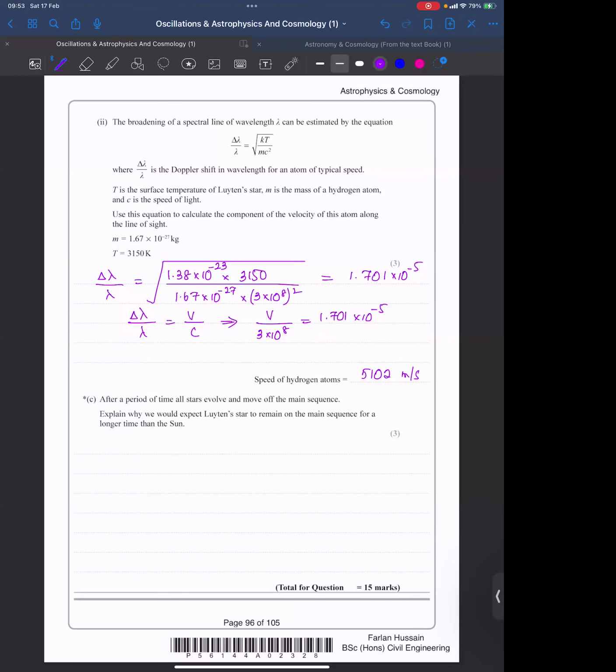So it will remain in the main sequence for a longer period than the Sun.